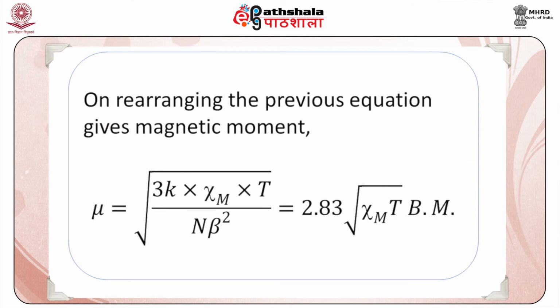On rearranging, this equation gives magnetic moment μ = √(3k χm T / Nβ²), which becomes equal to 2.83 √(χm T) Bohr magnetons.